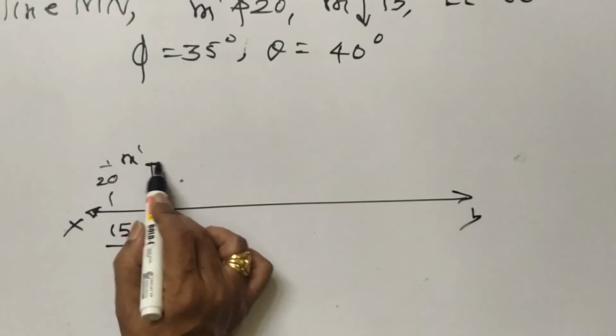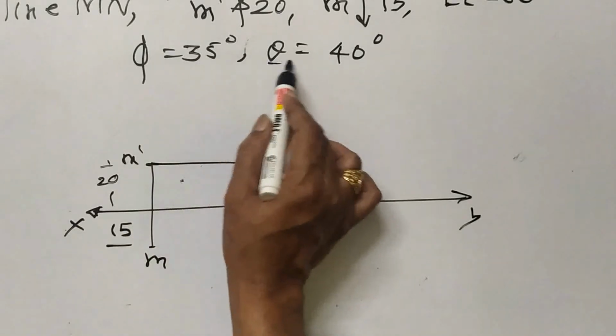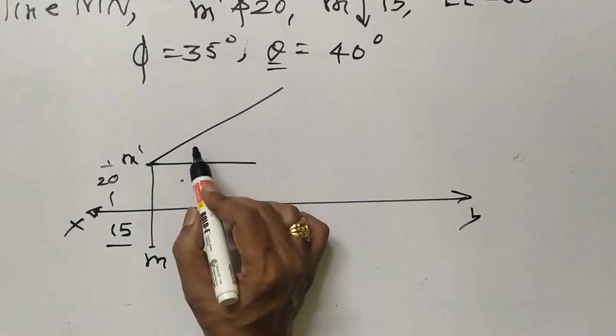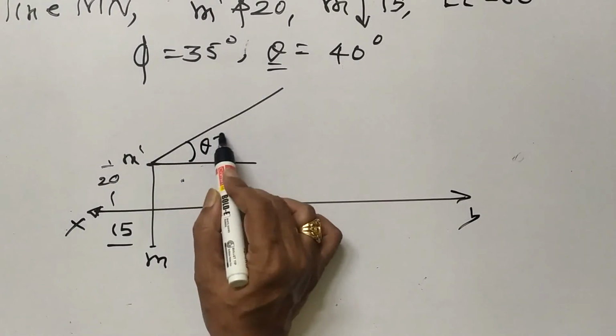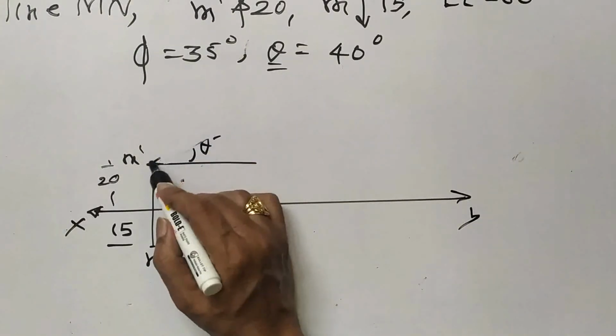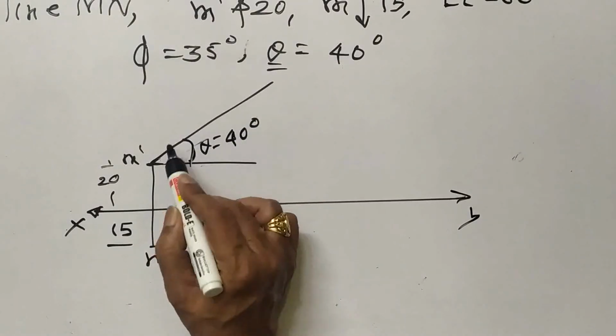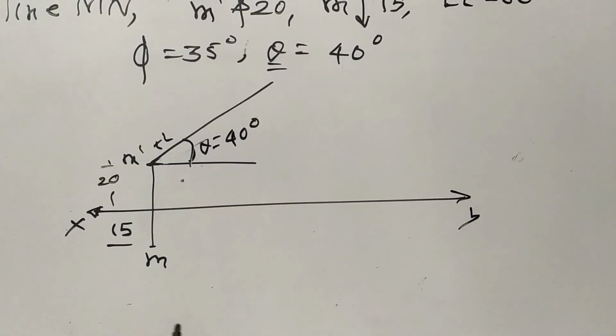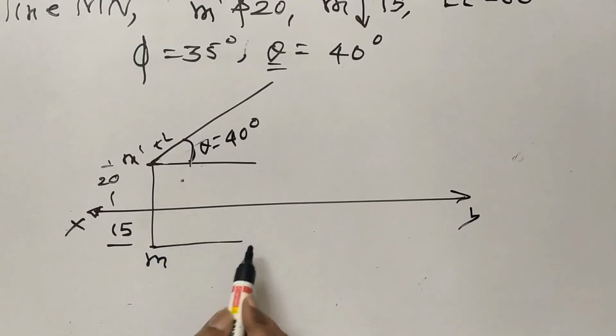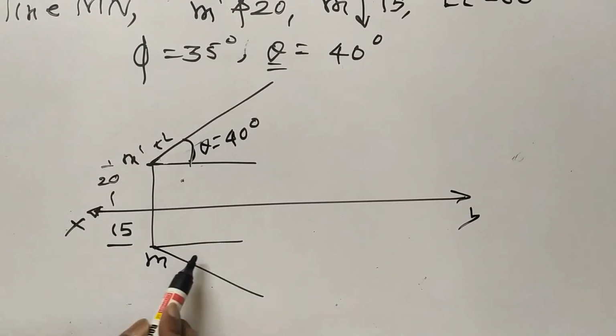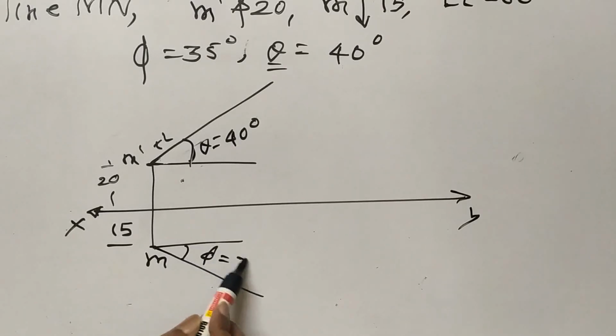Then I will mark an angle of theta 40 degree. This is true length inclination, and then phi equal to 35 degree.